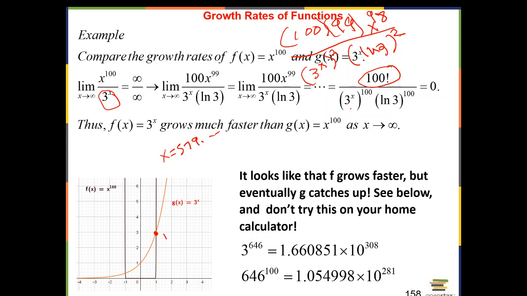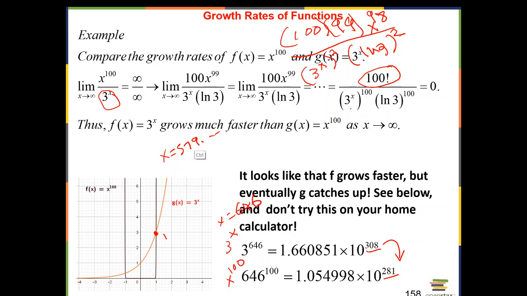You have to use a computer program, and I used GeoGebra. So this is 3^x when x is 646, and this is x^100 when x is 646. And notice the number: 3^x has a whole lot more zeros than this, so it's much, much bigger.